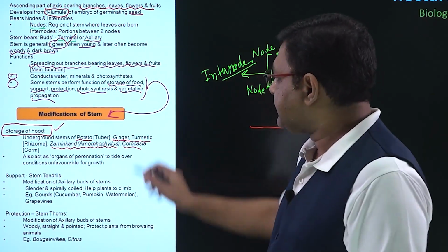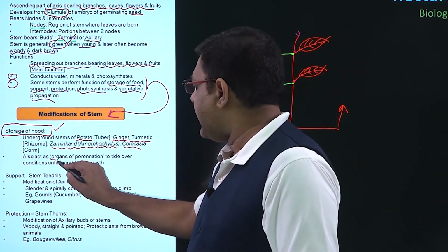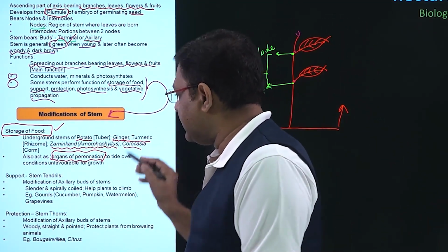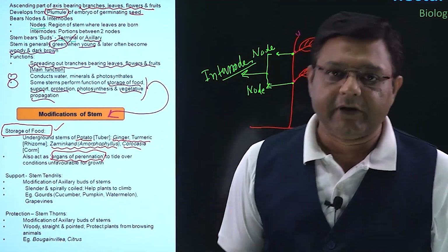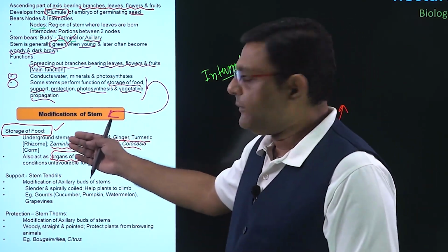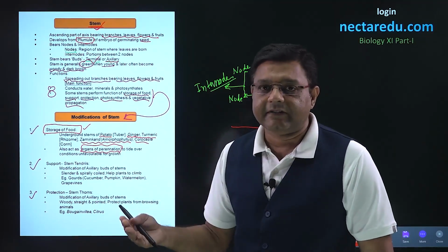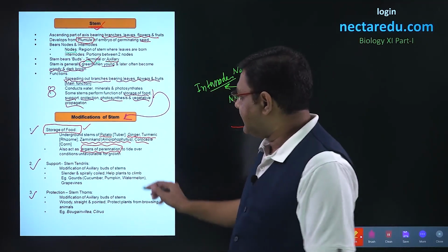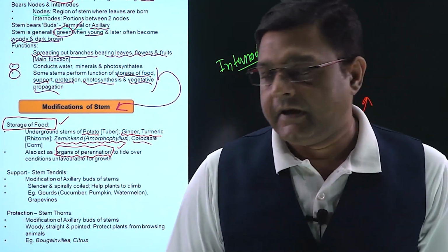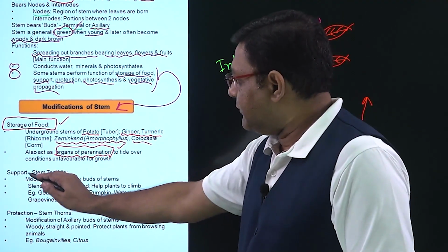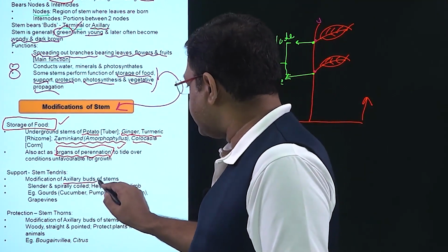When the stem performs this storage function, it also acts as an organ of perennation. If unfavorable conditions come, food will remain stored in the stem and the plant will be able to survive in that unfavorable condition, and that is why these can also be called organs of perennation.